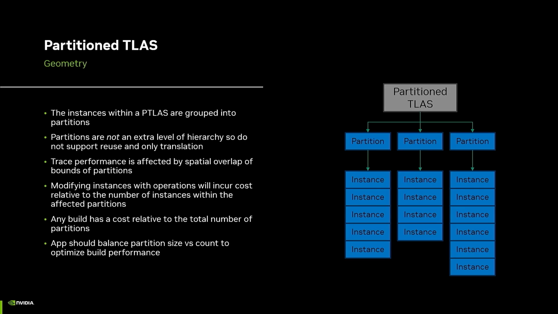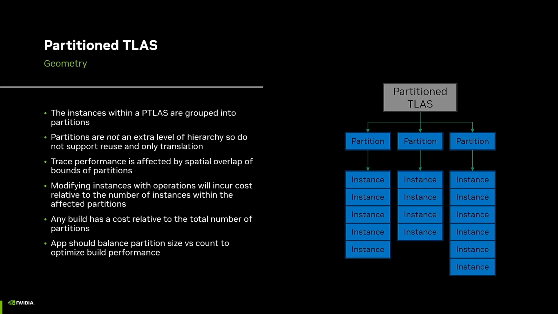If you change things, the build cost will be relative to the total amount of instances in the partition you're modifying. So if you're changing one instance, you will pay a build cost somewhat comparable to the instances in that partition. And there's an additional cost based on the total number of partitions in your data structure, because it has to tie these all together in a big BVH at the top. So as an app, you should balance the partition size based on your needs.